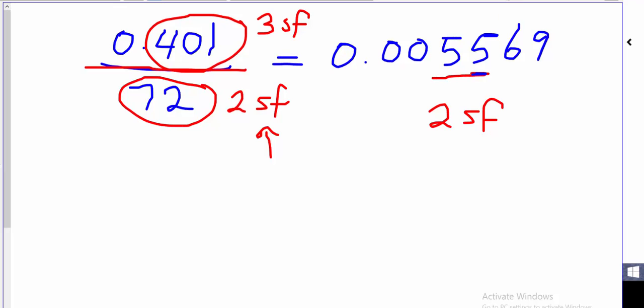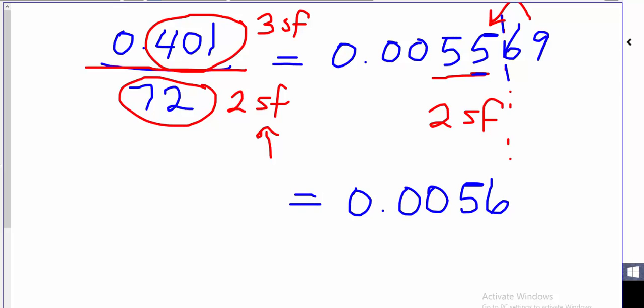And I can draw a little line right there, saying that the 6 and the 9 are not significant. I can't report them. But before I cross them out, I need to look at the digit after the 5, and I see that it is greater than 5. It's large enough to round up the 5, and so I'm going to report my answer as 0.0056, rounding up that 5.